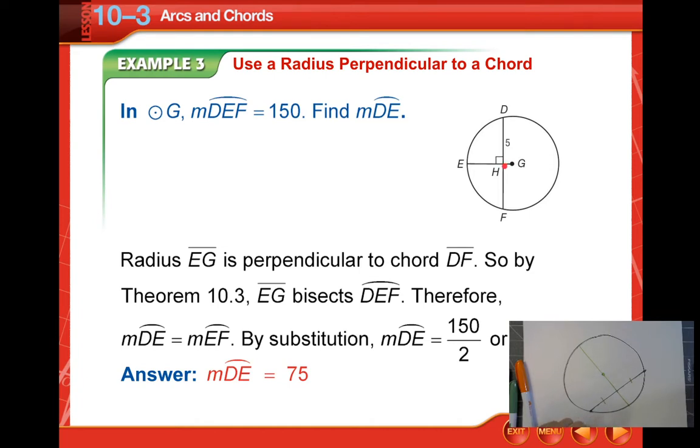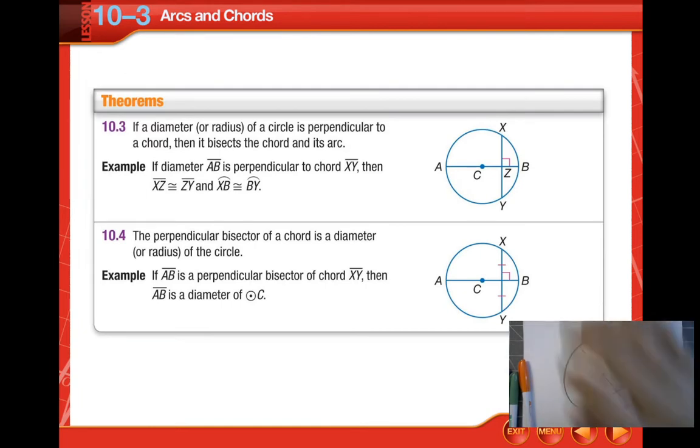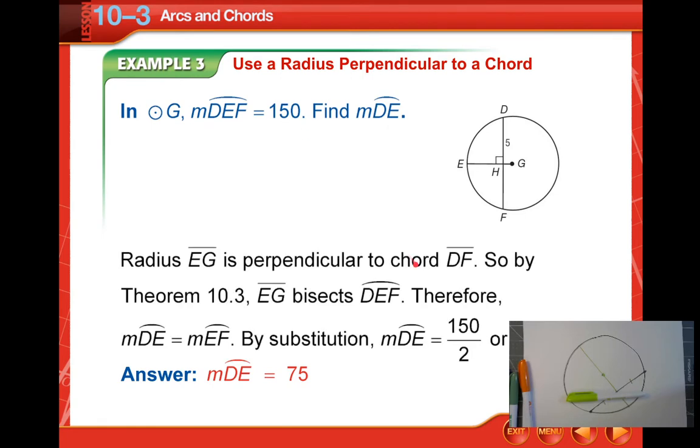Therefore, we know that this is also 5, if we cared for that. But by theorem 10.3, it bisects DE, therefore, by substitution, we get this. So once again, 10.3: if a diameter of a circle is perpendicular to a chord, then it bisects the chord and its arc. So when we see this, that means take 150 and cut it in half.